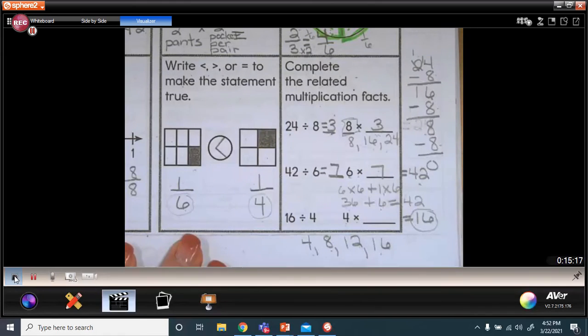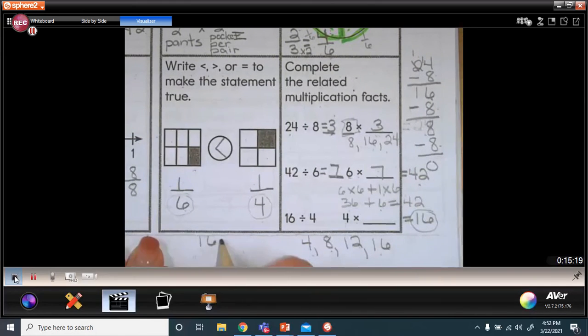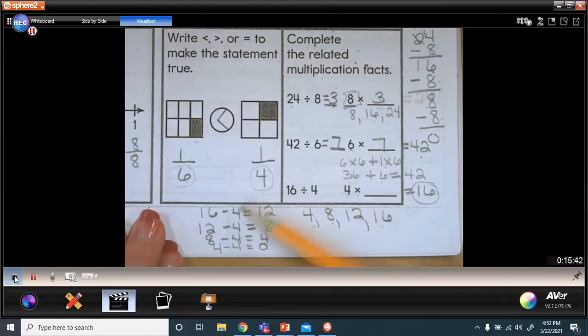Well, I could also take 16 and subtract 4, and that would give me 12. I could take 12 and subtract 4, and that would give me 8. Take 8, subtract 4, and I would be left with 4, and 4 minus 4 would leave me with 0. So again, using my division and repeated subtraction, I could count how many groups of 4 I was able to subtract from 16? 1, 2, 3, 4.